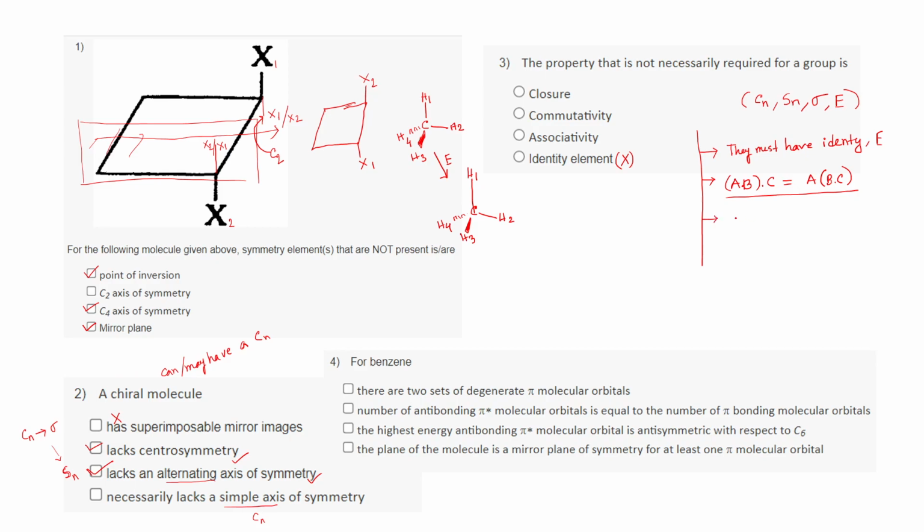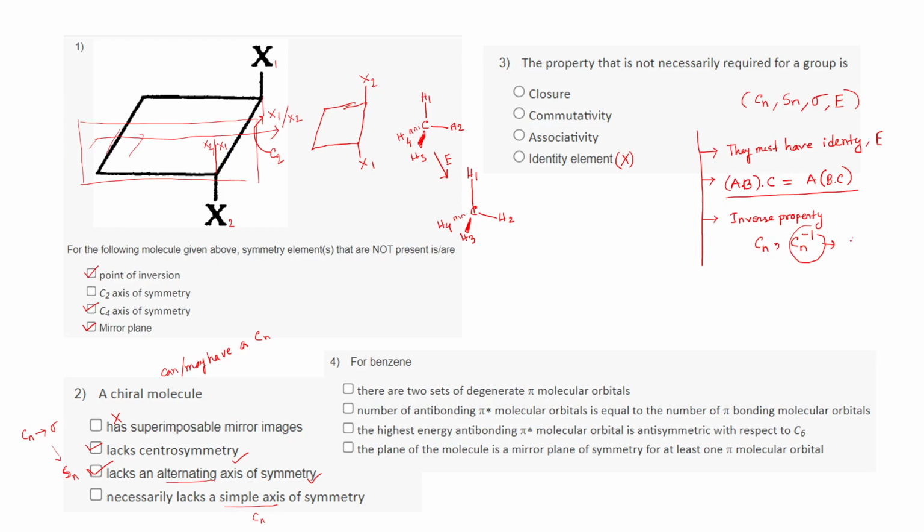They should also have an inverse property. Inverse means, suppose they have Cn in a group, so the group should also contain Cn inverse. These can all be represented in matrix form, and you know how to get the inverse of a matrix.